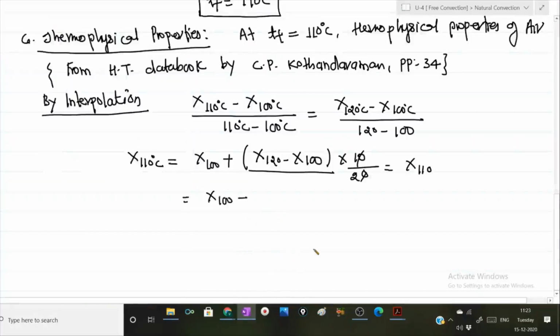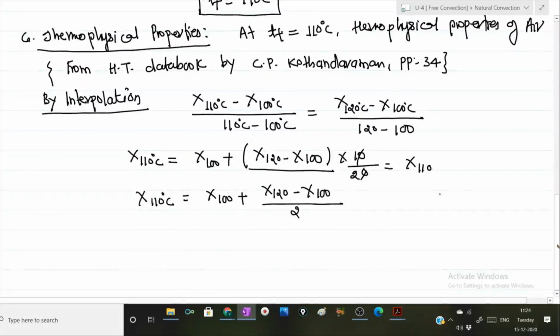This is the most critical and time consuming part. So I am telling you how to save time. So this will become 2. So this is the required interpolation formula to calculate any unknown thermophysical property at 110 degrees Celsius.